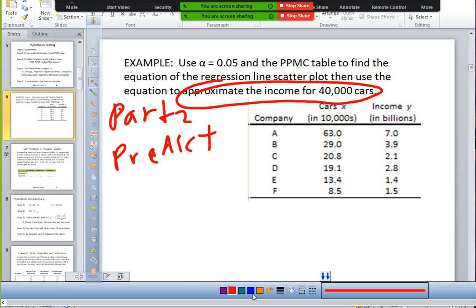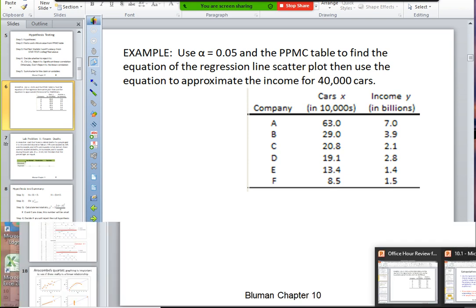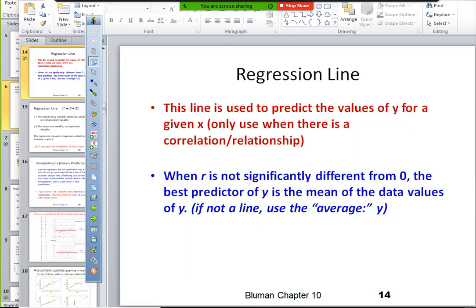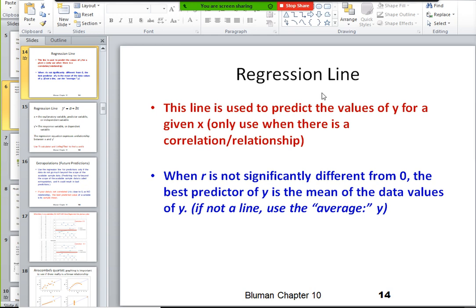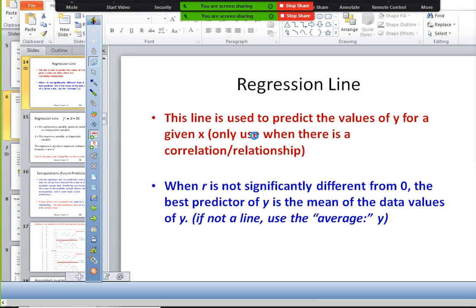If you rejected H naught, then your data is a line.